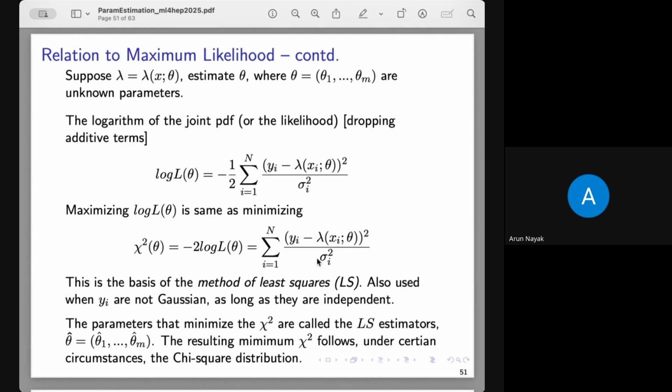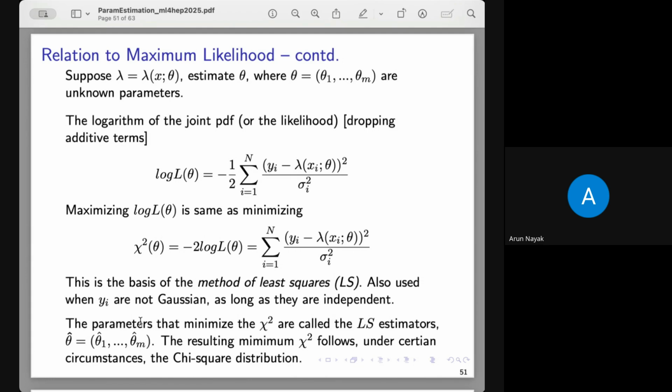Even if the yi's are not Gaussian, as long as they are independent, this method is also used to estimate the parameter theta. But when the yi's are Gaussian, it matches exactly the maximum likelihood method.